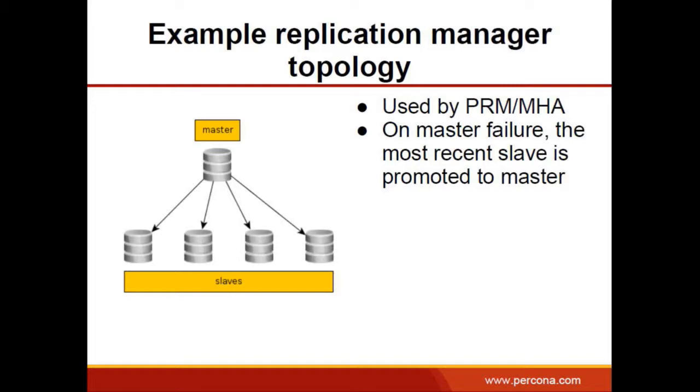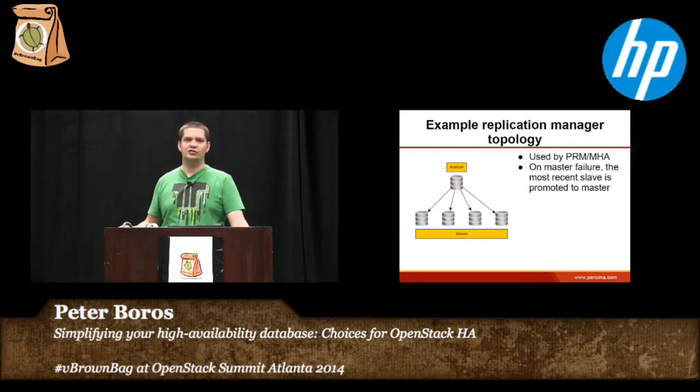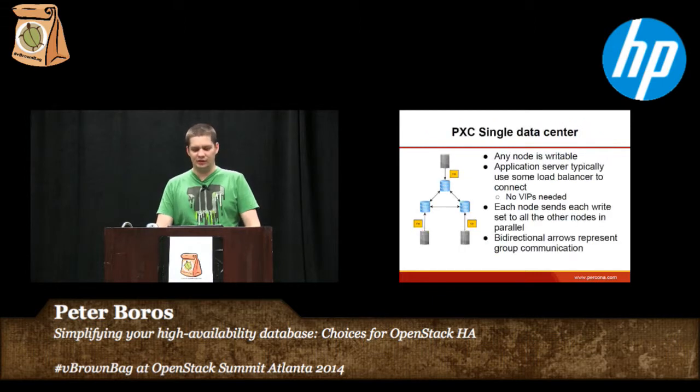If you are using semi-sync together with this, you can know that the slave which is the furthest in time actually has all the transactions, because semi-sync replication guarantees that a committed transaction is already in at least one slave's relay log. Okay.